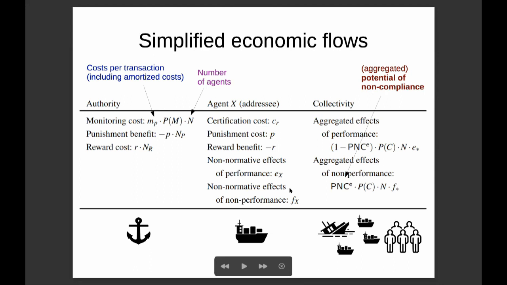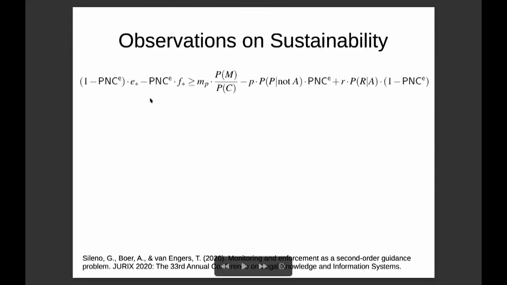With these measures, we can write a general sustainability constraint, defined as: the impact on the collectivity of compliance or non-compliance should be greater than the effort used by the authority to obtain it. This specific formula is obtained by summing the collectivity and authority columns of the previous tables and making some simplification.